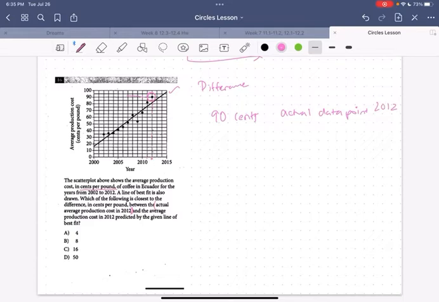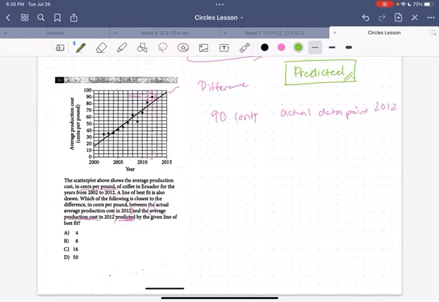And then the average production cost in 2012 predicted by the given line of best fit. Here's the word that I want you to pay attention to. They will often use the word predicted because, once again, the line of best fit is not exact. It can't be accurate. Rather, it's giving you a prediction, a rough estimate. So this is a word that you will see quite often and you should be familiar with.